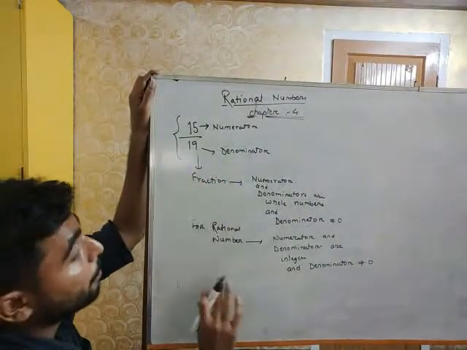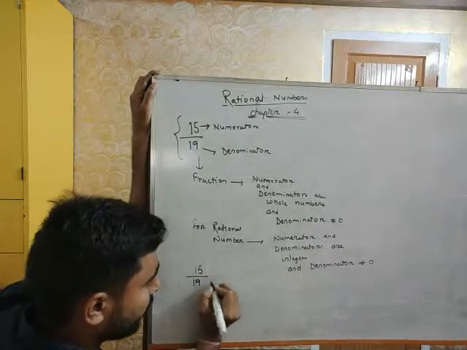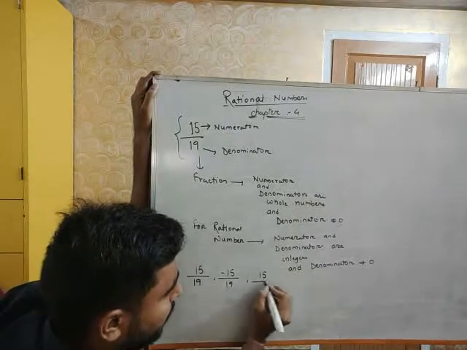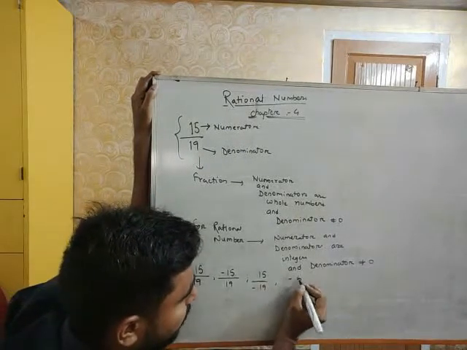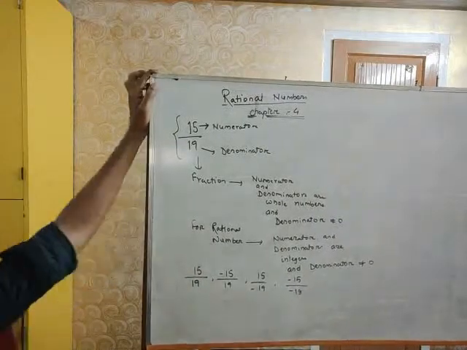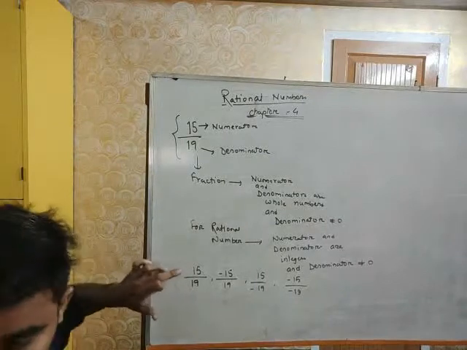So now if 15 by 19 is a rational number, what can we write? 15 by 19, minus 15 by 19, 15 by minus 19 and minus 15 by minus 19. So here you can see 15 and 19 are both positive.